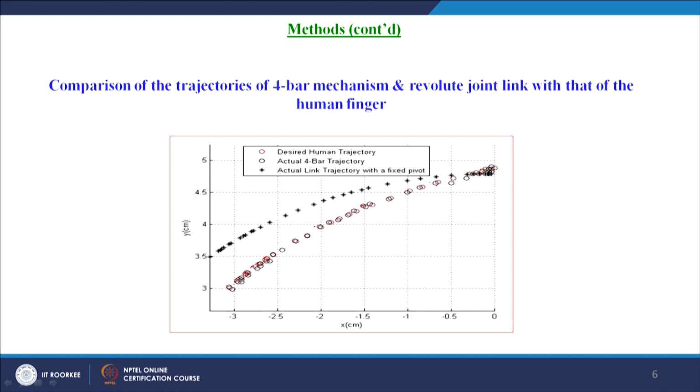Whereas the same desired human trajectory is traced by a 4-bar mechanism. In that case, due to the instantaneously varying center of the 4-bar mechanism, we are able to trace the desired human trajectory. That is what is shown here in this figure.